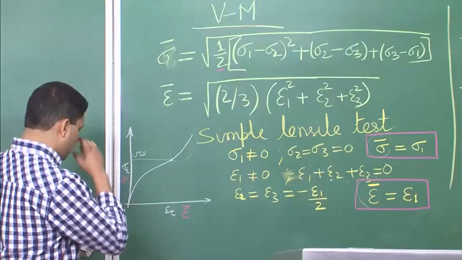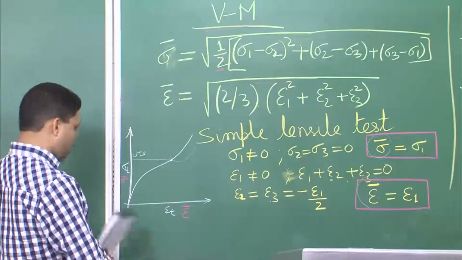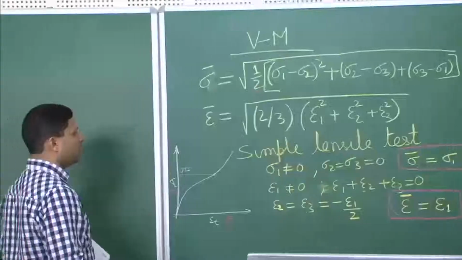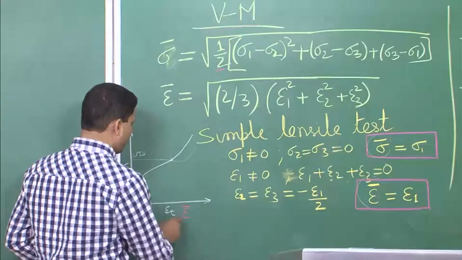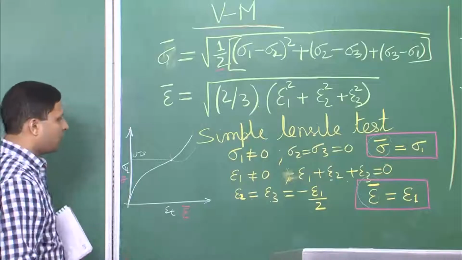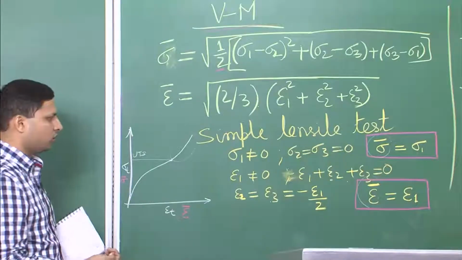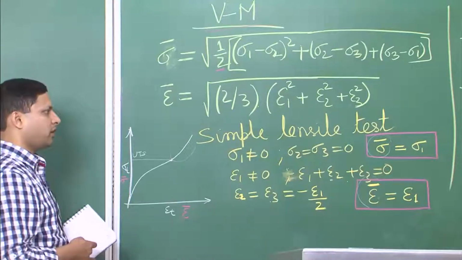Now let us get to another aspect of this. We have looked at the stresses, strain, effective stress, effective strain, and how our true stress, true strain plot of a tensile curve can also represent the deformation under multi-axial stress strain condition.